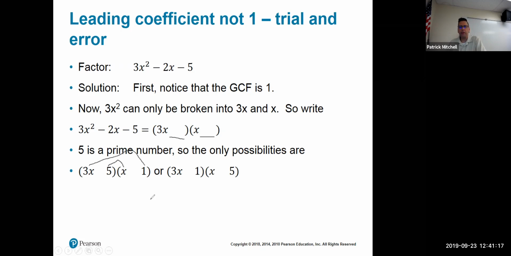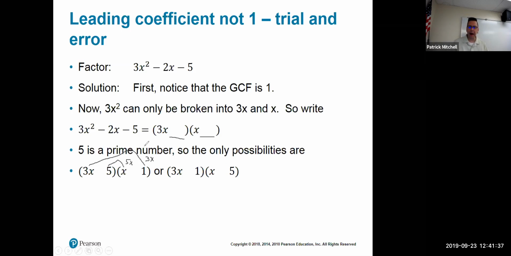Okay. So the outer for this one, and again, I have not figured out the sign yet, would be some kind of 3x. And the inner would be some kind of 5x. And when I combine those, I need it to come out to be -2x.